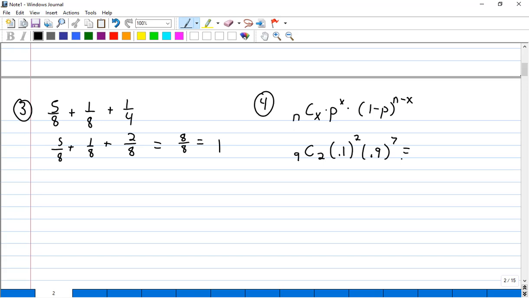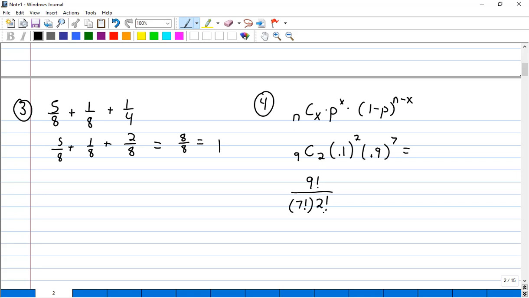Alright. So what I would probably do is work this out first. Remember, you can use your calculator to do that, or you can say 9 factorial divided by 9 minus 2, that's 7 factorial times 2 factorial.